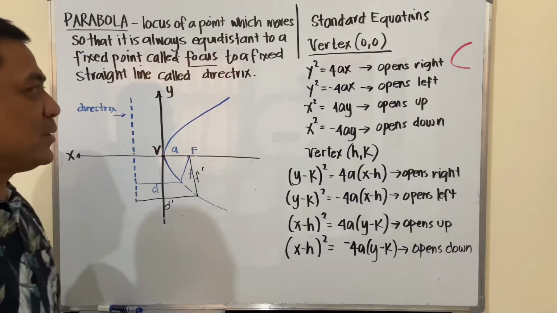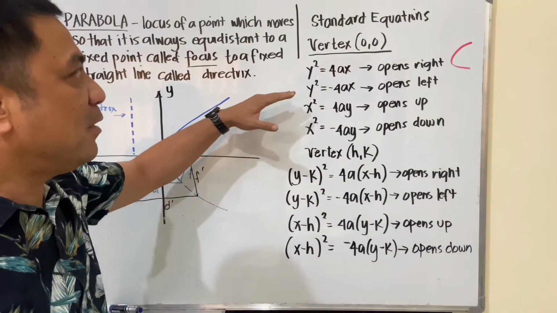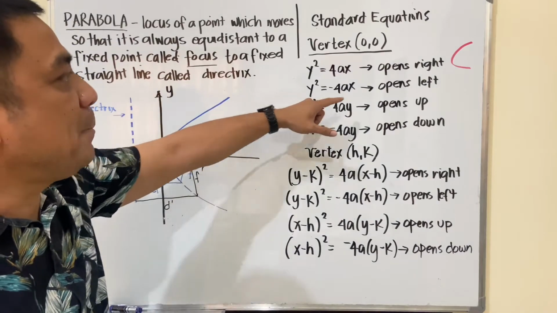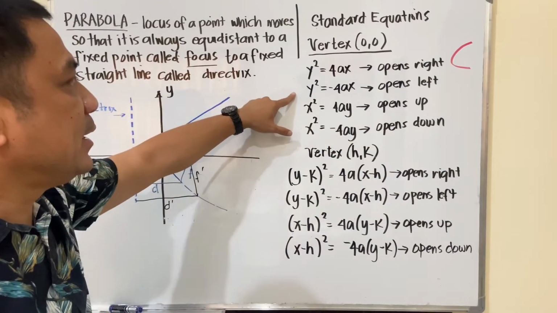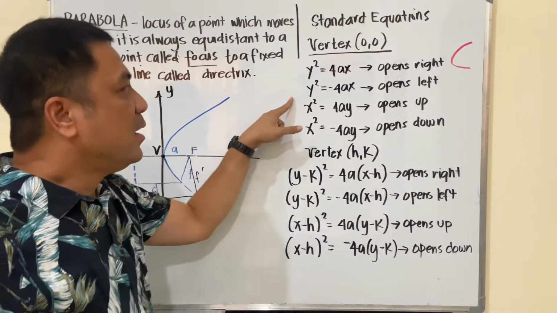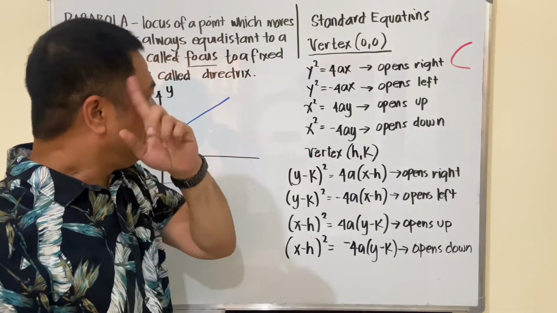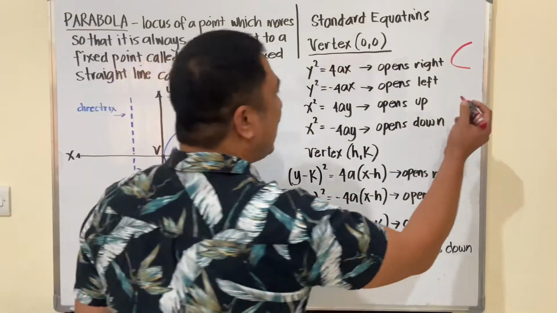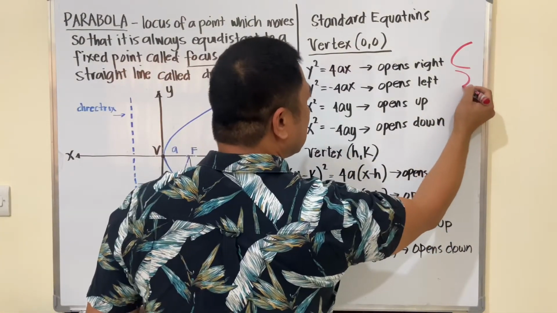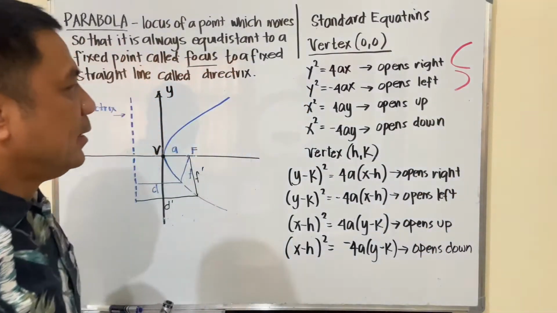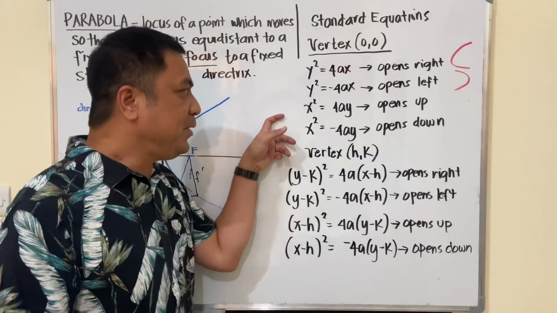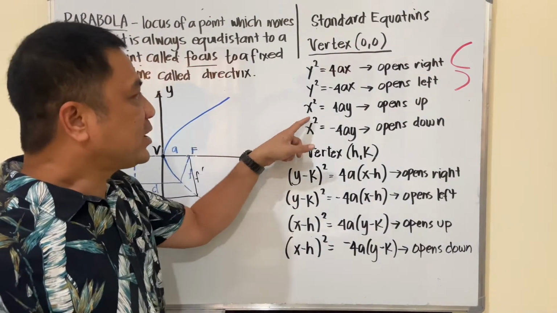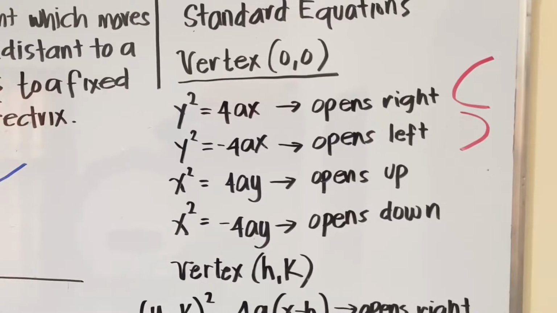Now, you have also another type of parabola wherein it opens to the left. The standard equation is y squared is equal to negative 4ax. So in this case, our parabola opens to the left. Another type is x squared is equal to 4ay.